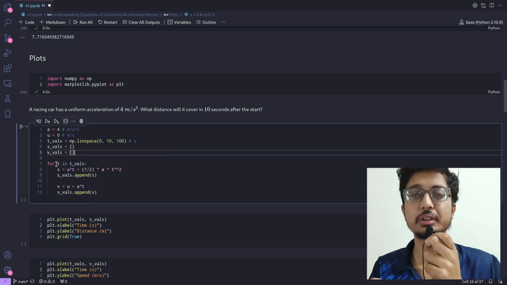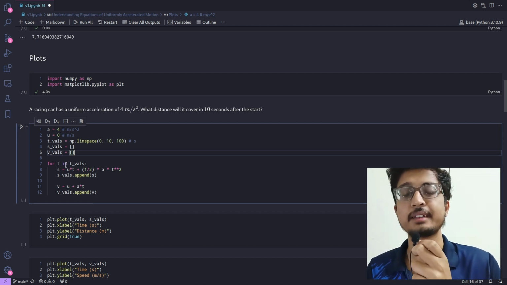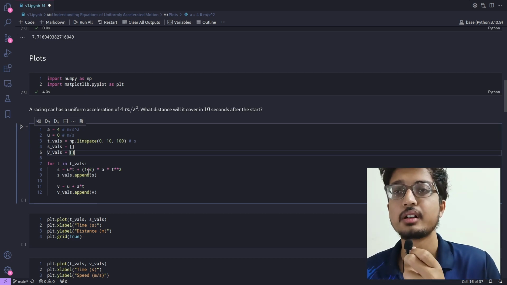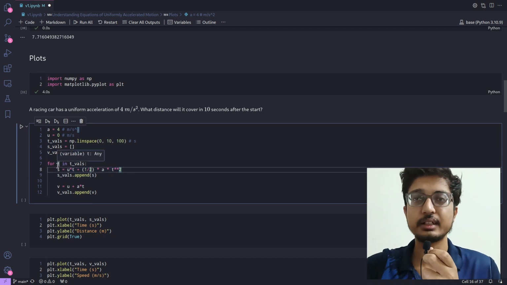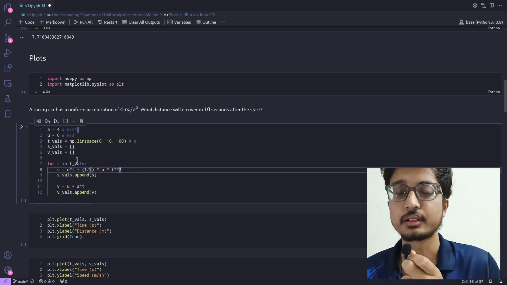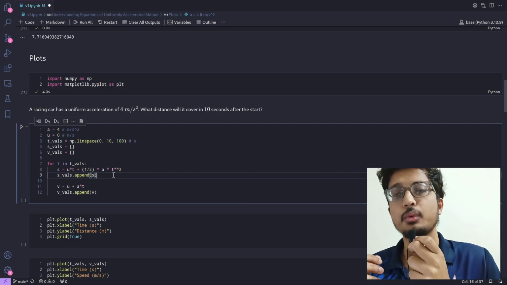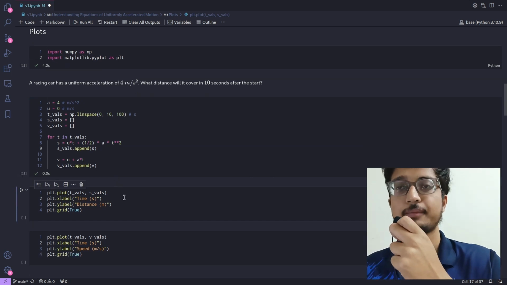The t variable here will assume the value of each time value in the array here, and then the operation will be performed on that assumed time value. So here I have again defined the equation for the distance, and then as the time value increases, the calculation will be done on each updated time value and stored in S, which will then be appended to the list that I have defined before. Similarly, I have calculated the velocity values here.